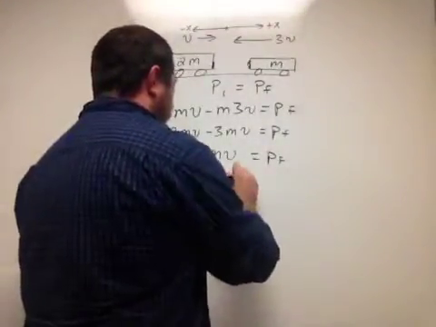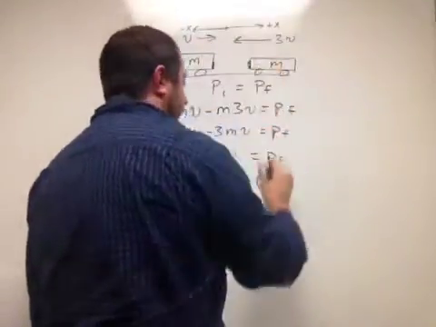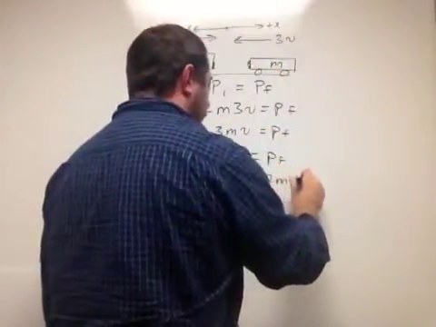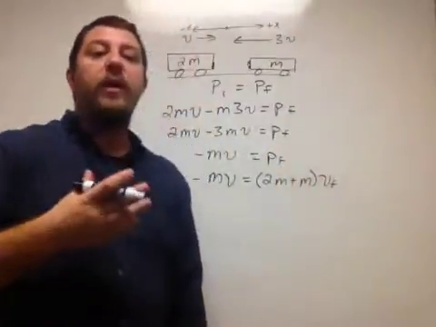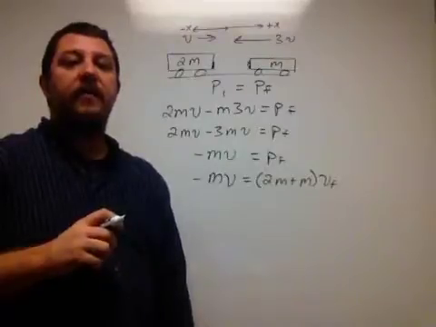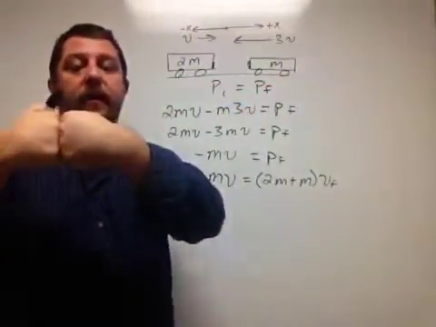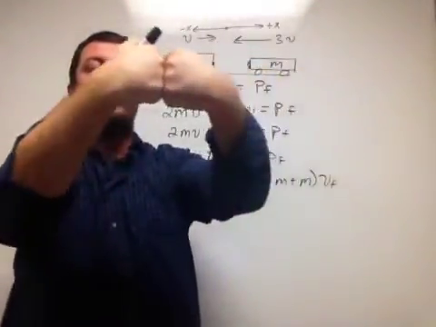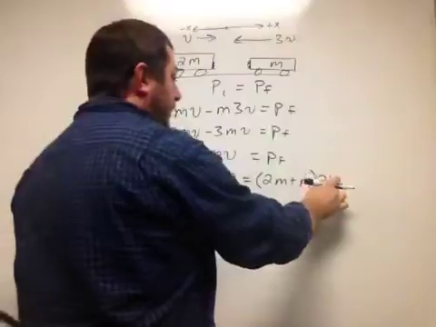But what's my final momentum going to be? My final momentum is the sum of my masses, 2m and m, times their final velocity, which is what we want to find. I want to know what the final velocity of the system is going to be after they collide and stick together. We know they're now going to be moving in this direction. So what is that speed going to be?